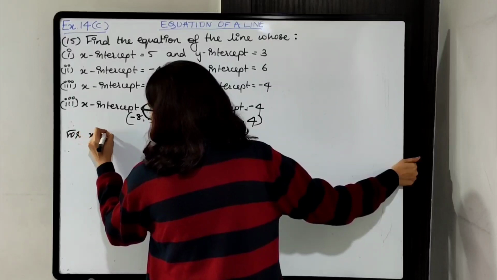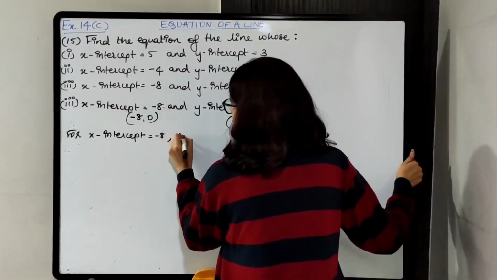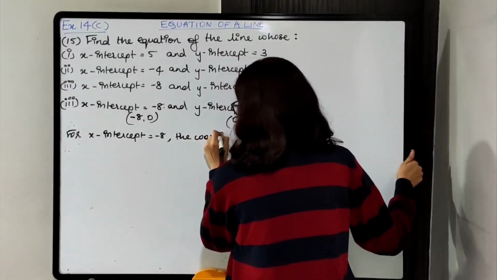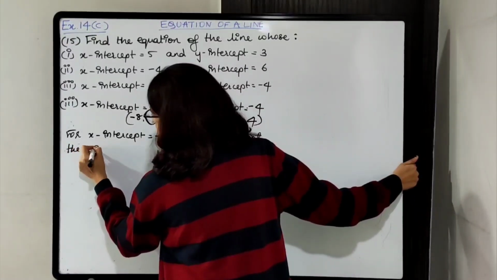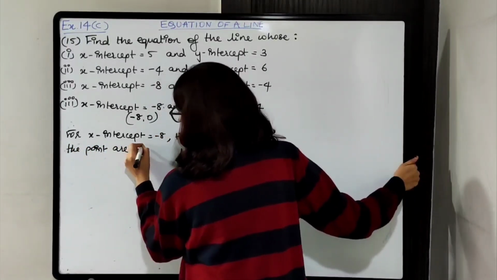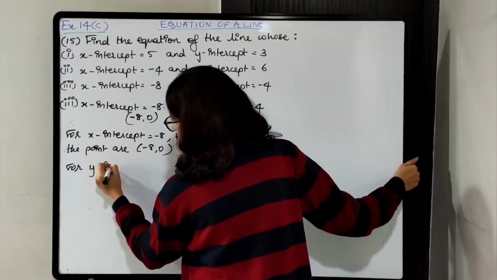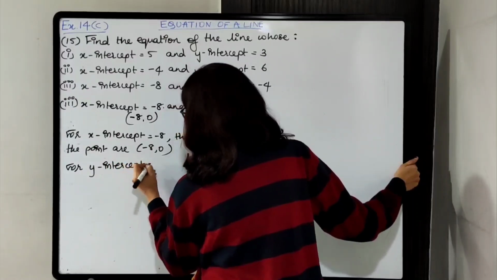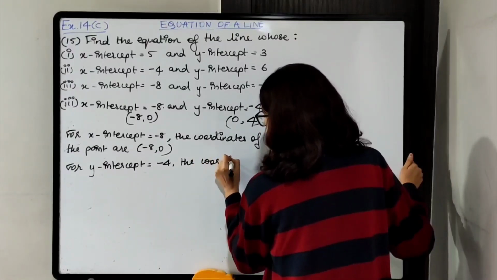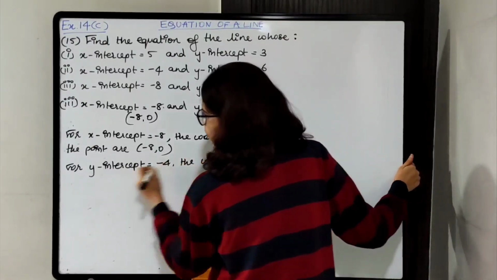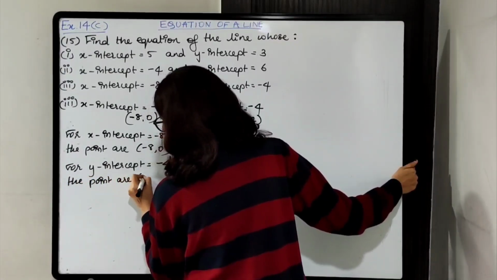For x-intercept equal to minus 8, the coordinates of the point are minus 8 comma 0, and same way for y-intercept equal to minus 4, the coordinates of the point are 0 comma minus 4.